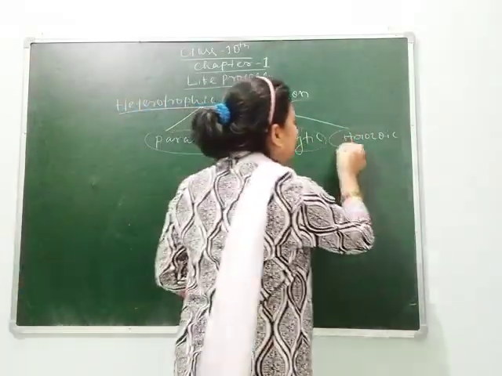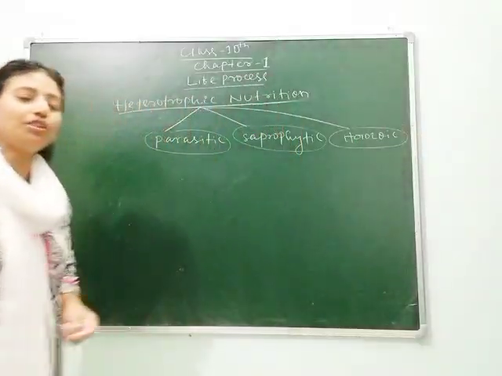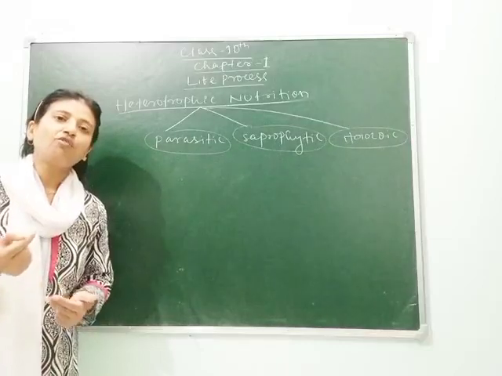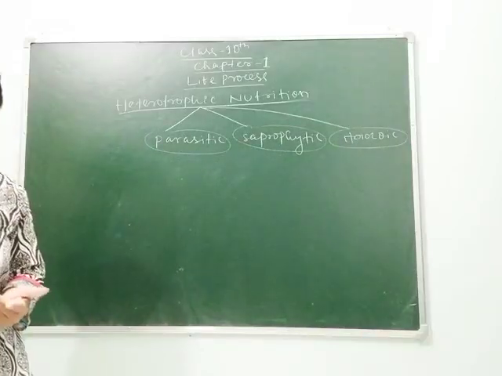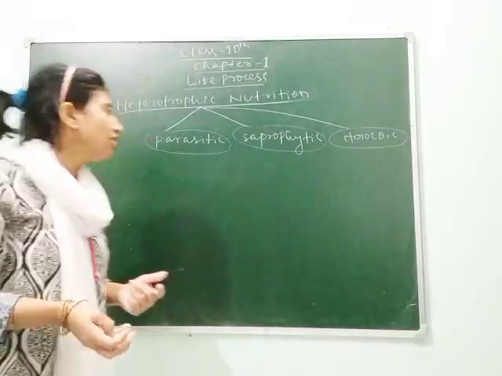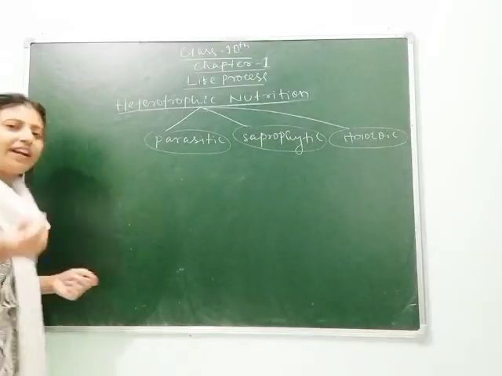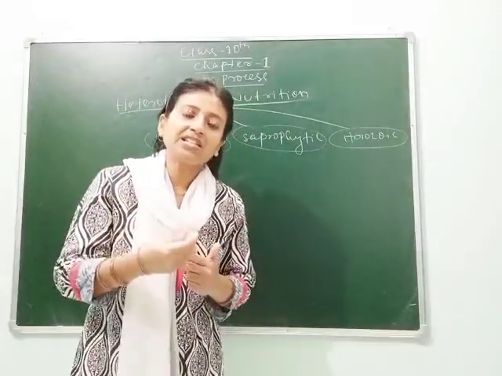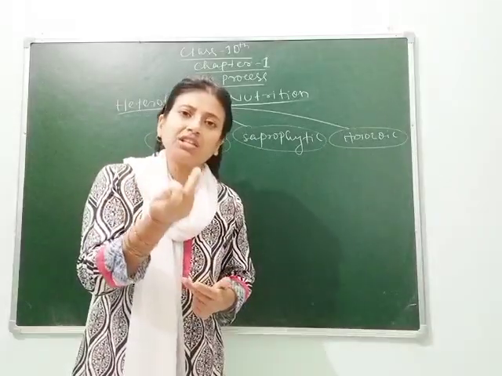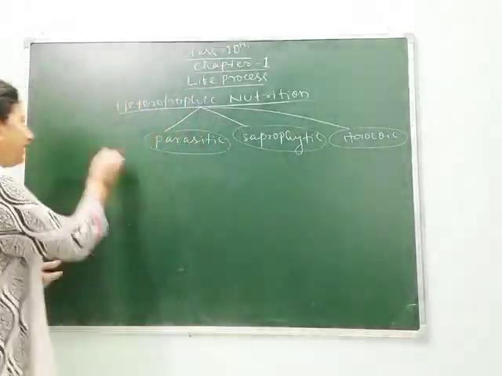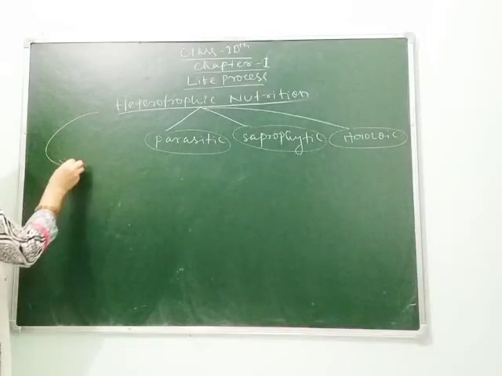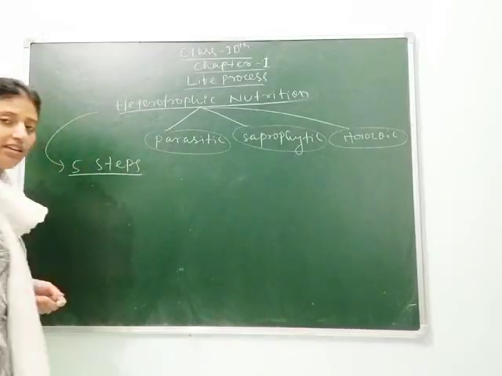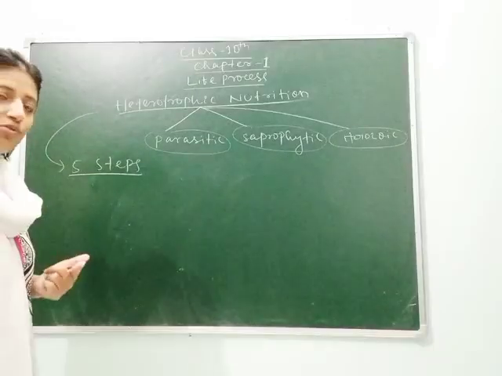Here we can see how human beings and other multicellular and unicellular organisms, who can't synthesize their food, take their nutrition. Clear students? Whether the organism is unicellular or multicellular, it completes its nutrition through 5 steps. So what are the 5 steps after taking nutrition?